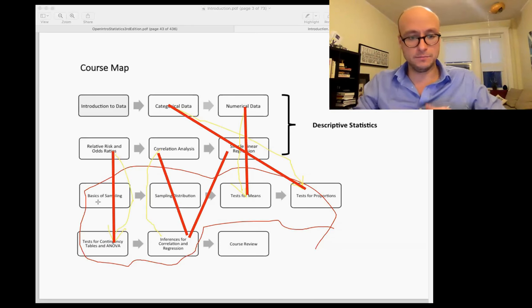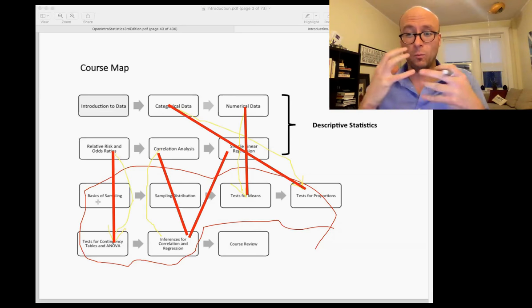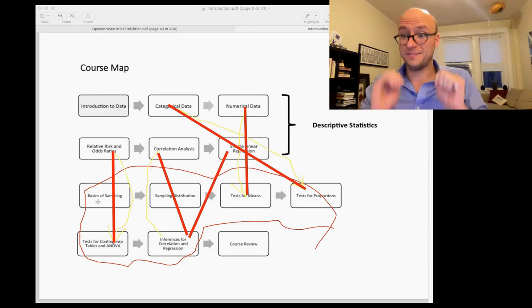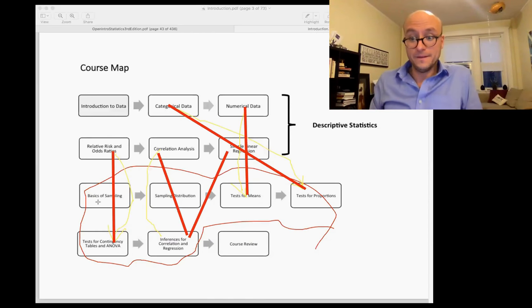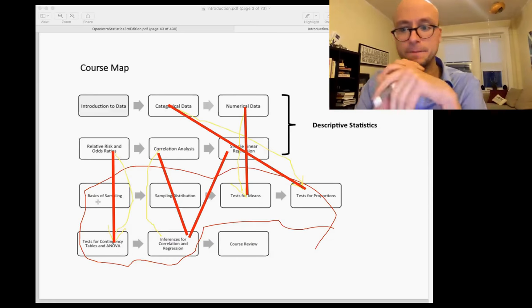We need to understand what descriptive statistics are, and we need to understand what is the mathematical foundation. When I say mathematical, I mean really the conceptual foundation for understanding mathematical inference, and it's really cool. It's very powerful. It has some limits though, but it's really interesting.